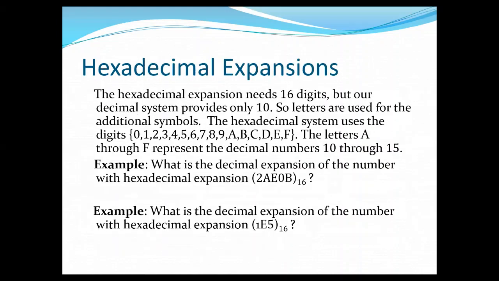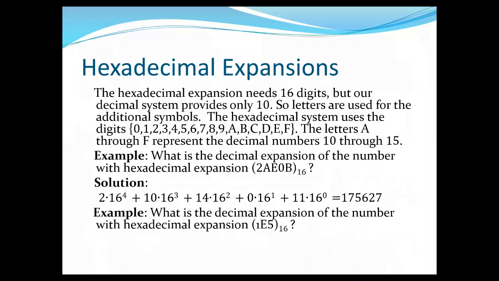And for the hexadecimal, since our numerical symbols are limited to 10, we need to have 6 more. So that's why we use letters from A to F to represent 10 to 15. If we have 2AEOB, 1E5, we want to determine the equivalent in decimal. Again, just multiply each digit by its positional value.